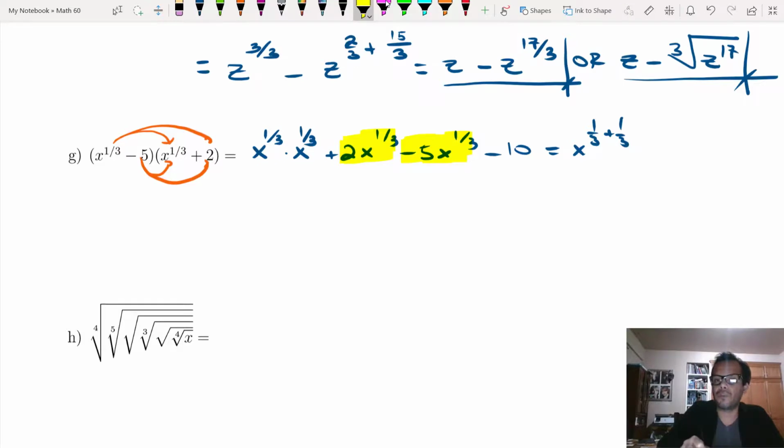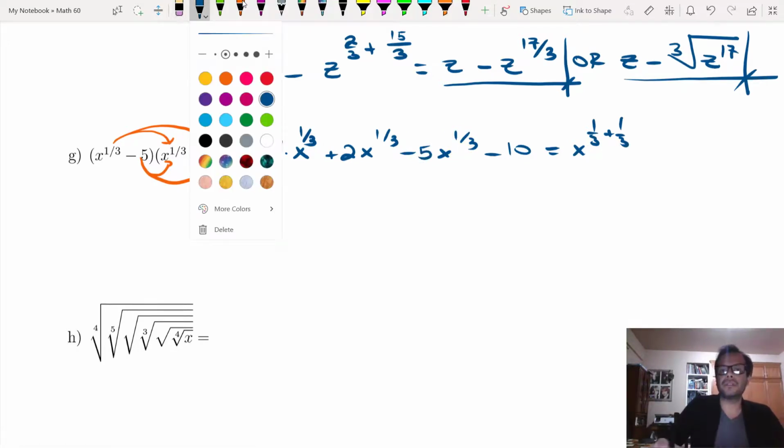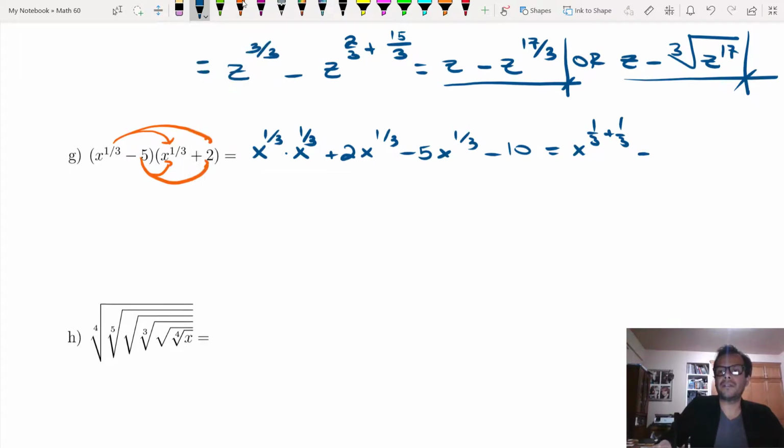So that's why we can subtract 5 from 2 to get -3x to the 1/3.